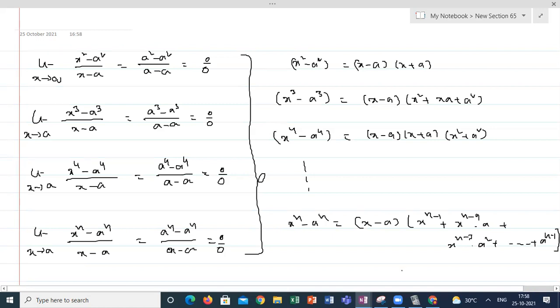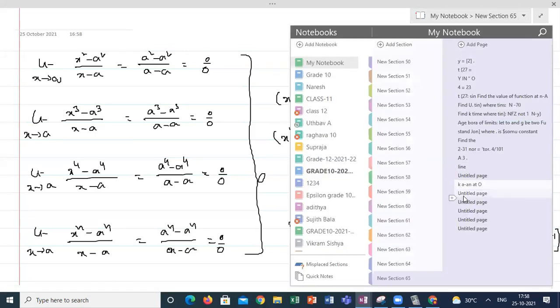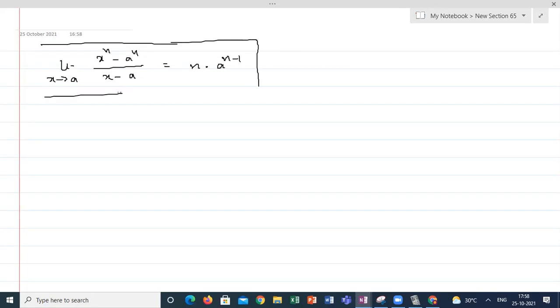So whenever I get this format, I can rewrite it as a formula: limit x tends to a, x power n minus a power n divided by x minus a can be written as n into a power n minus 1. How do I get this?